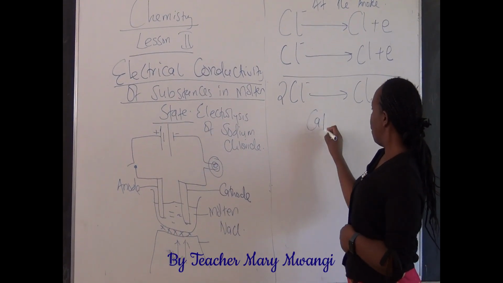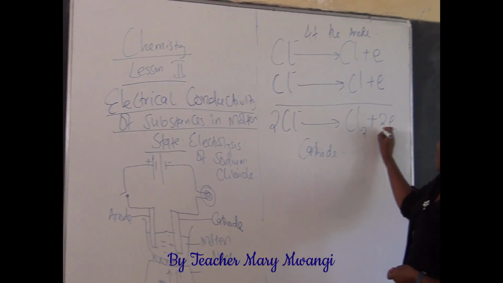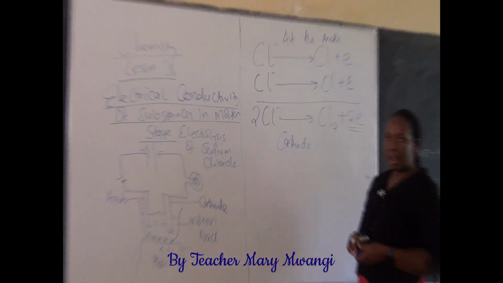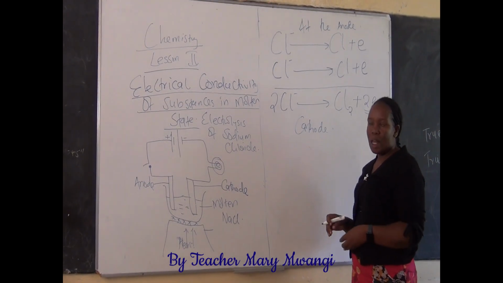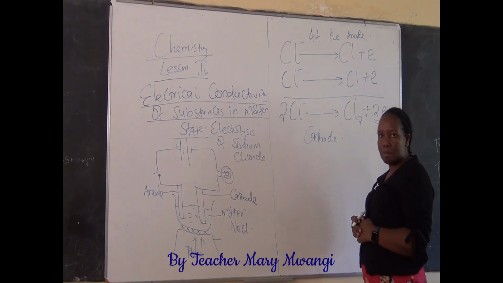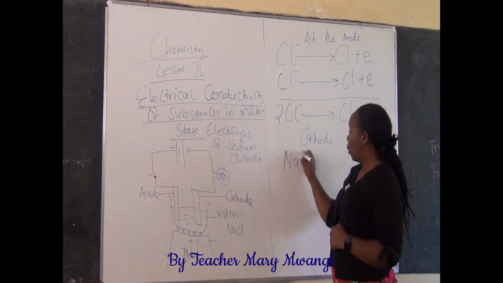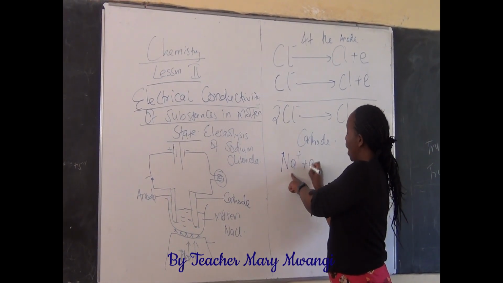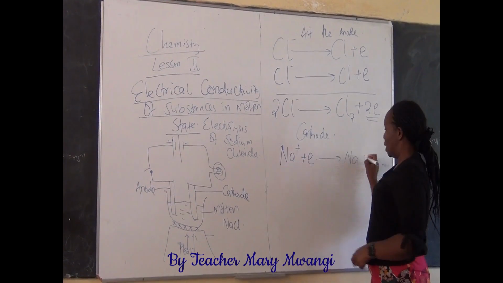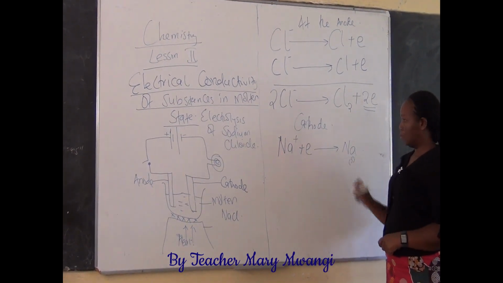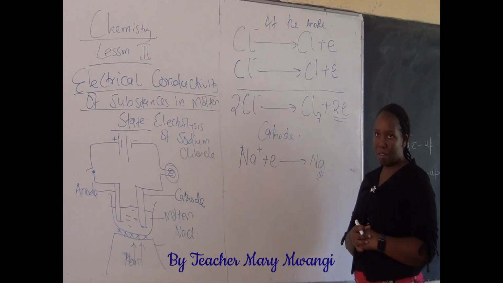Now at the cathode, what happens? Now it is important to note that the number of electrons that have been given out at the anode must be equal to the number of electrons that are going to be accepted at the cathode. So sodium ion requires only 1 electron for it to go back to its initial state, which is solid state. But we have already given out 2 electrons.